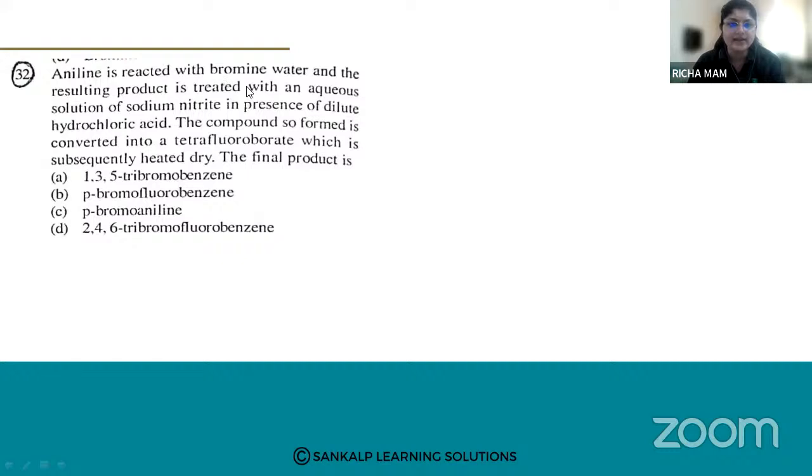Aniline is reacted with bromine water. Let us follow this reaction. We react aniline with bromine water, and the resulting product is treated with an aqueous solution of sodium nitrite.